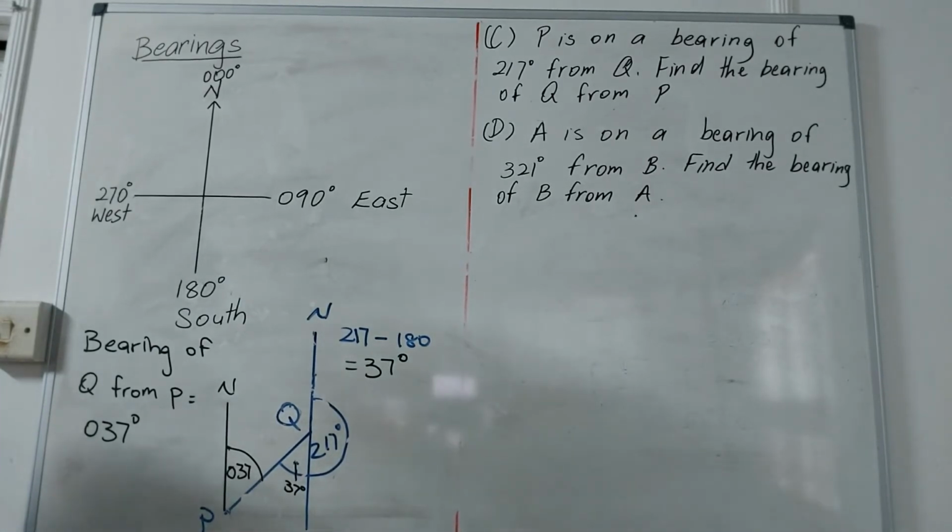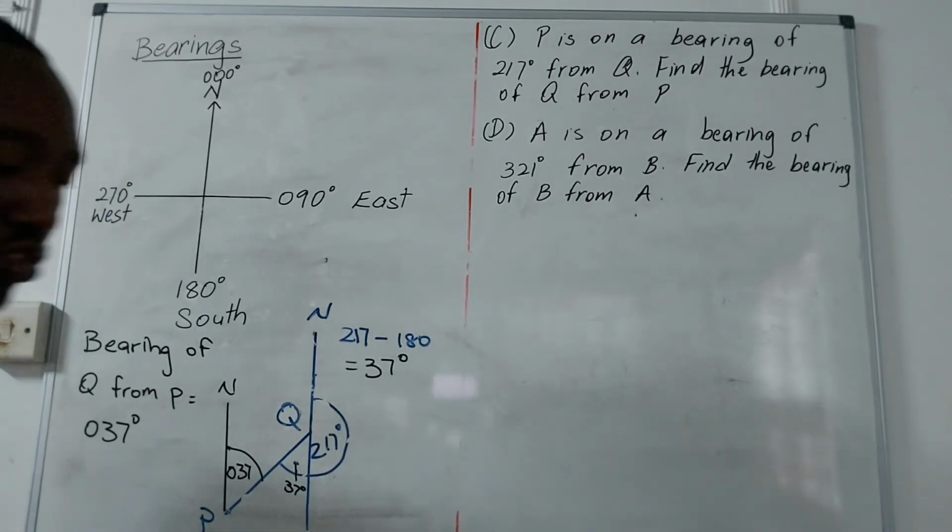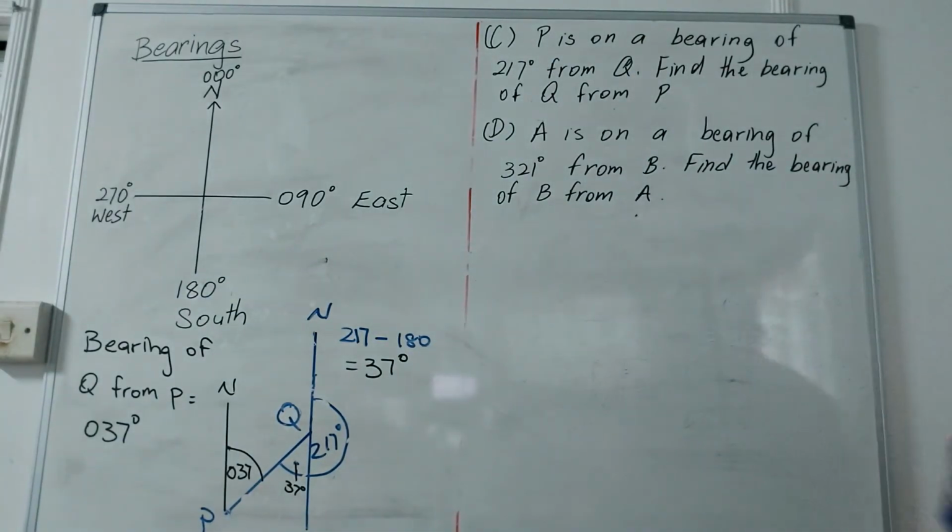A is on a bearing of 321 degrees from B. Find the bearing of B from A. Again, draw your north line.